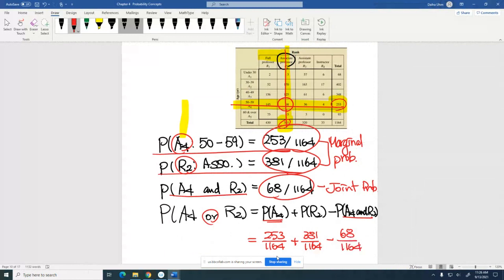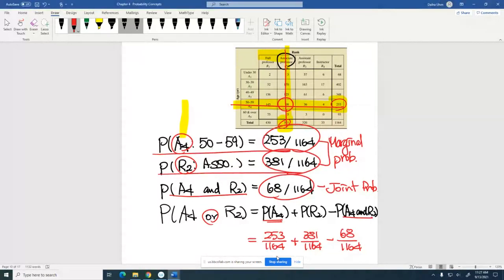We have common denominators because each marginal probability and joint probability is based on the same sample space. Always divided by 1164. So simply just add up the 253 and 381 and subtract 68.